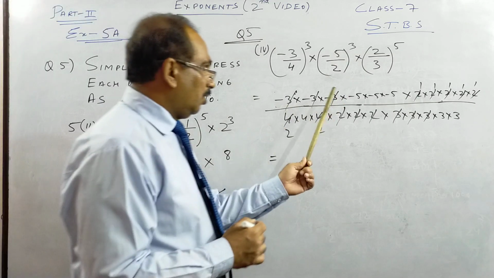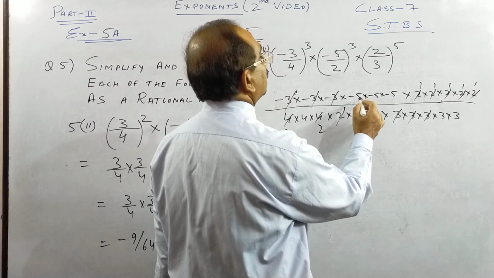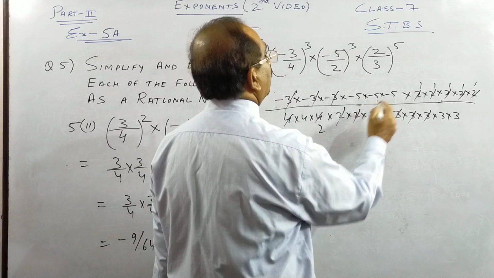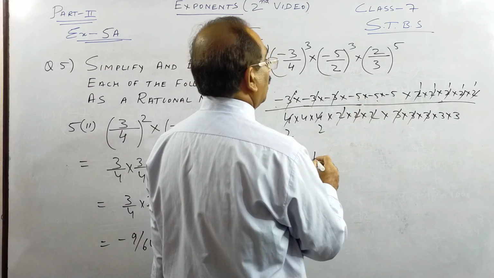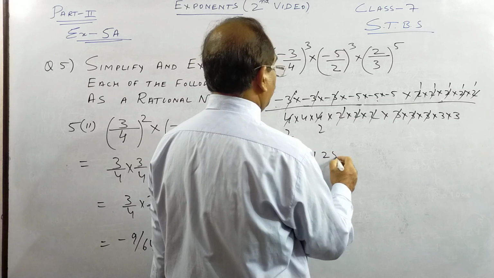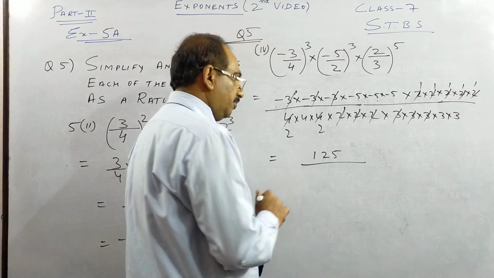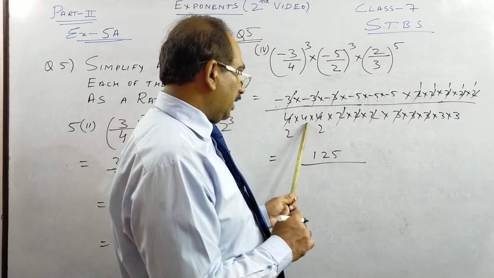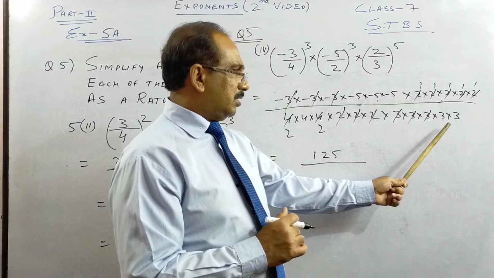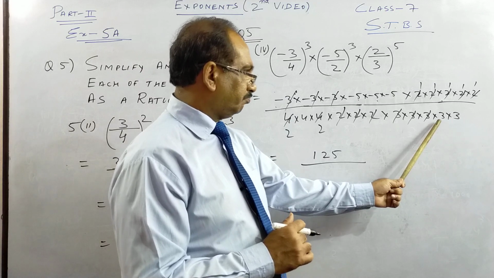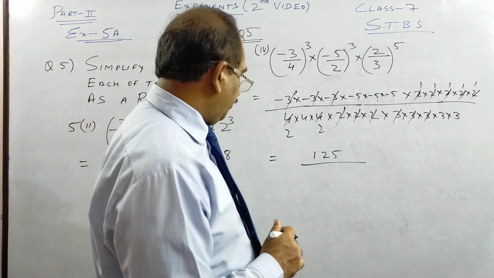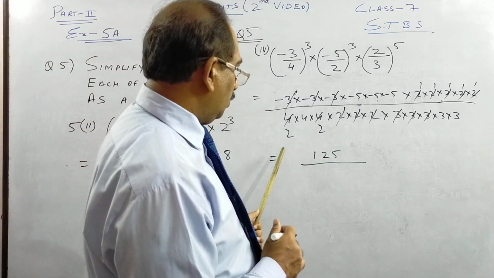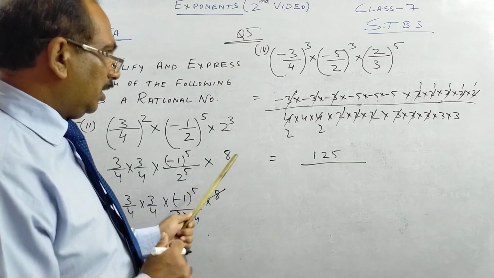So here all this minus sign we will get plus. 5 5s are 25, 5s are 125. Answer will be plus, and denominator we have 2 2s are 4, 2s are 8, 3s are 24. So I hope nothing is missing.